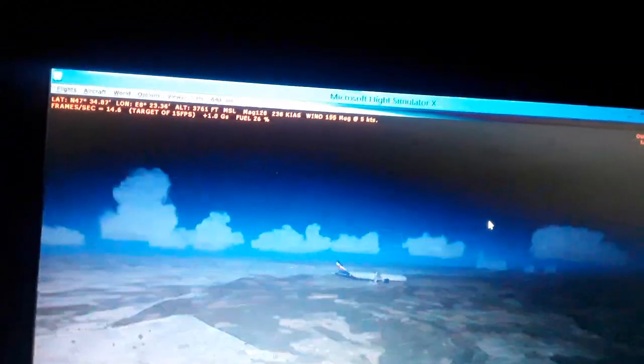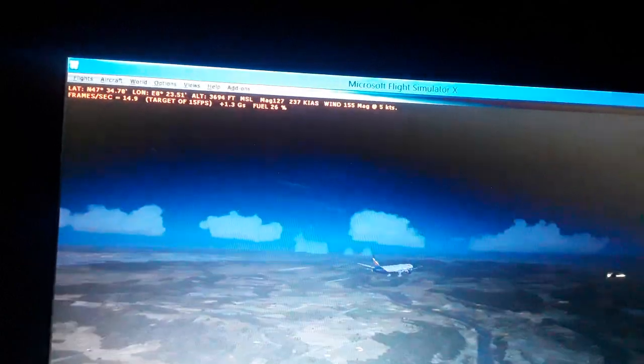So we have here how we are approaching, and we need to use also this view for landing.